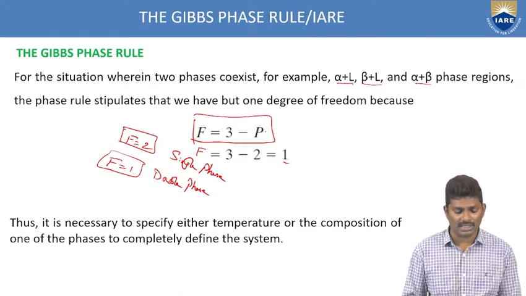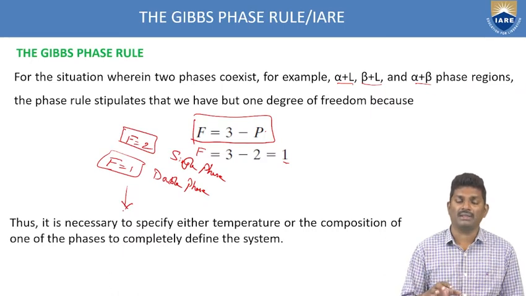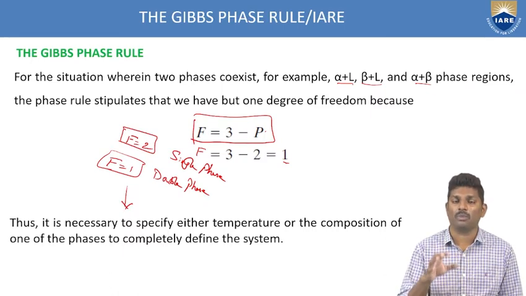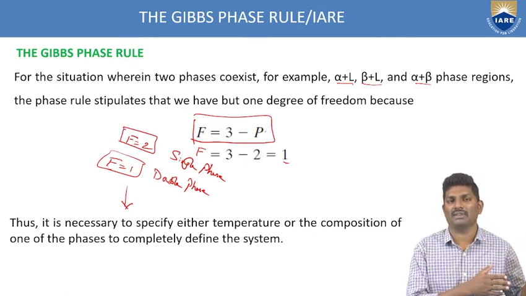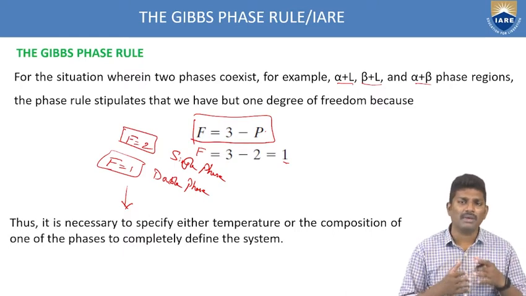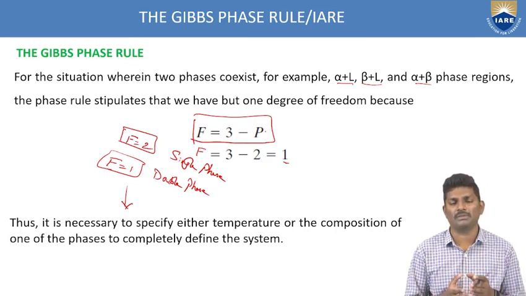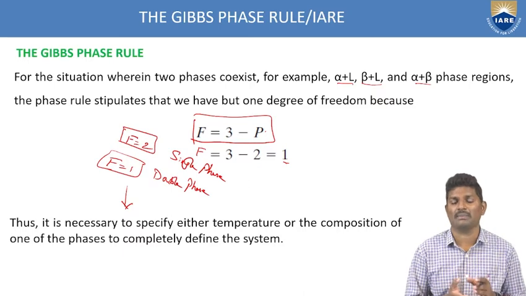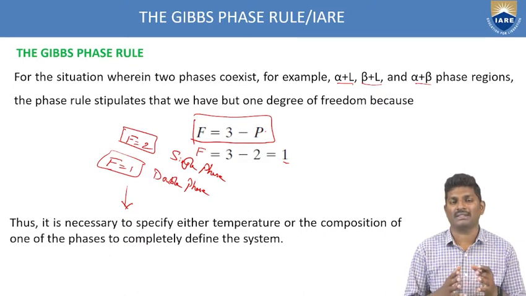So this f is equal to 1 infers that to specify the characteristics of the given phases for the double phase or two phase system, either temperature or the composition has to be known. When coming to the single phase, minimum 2 are required, that is composition as well as the temperature. But coming to a double phase, either composition or temperature should be known to describe the characteristics.